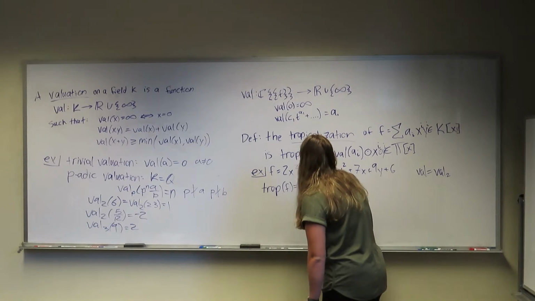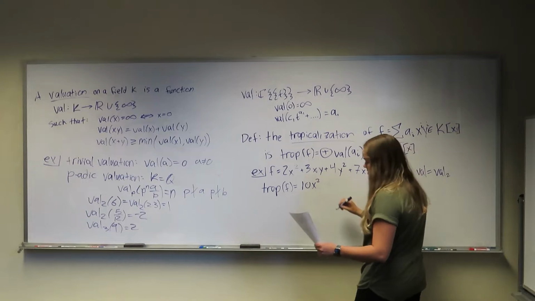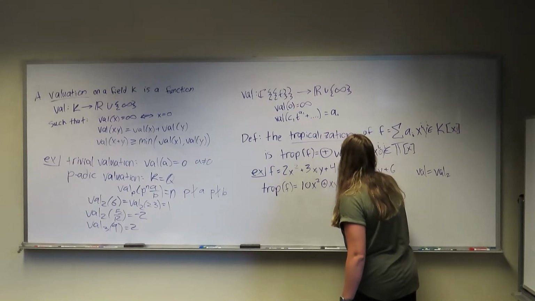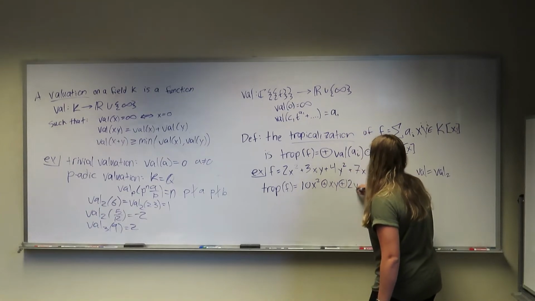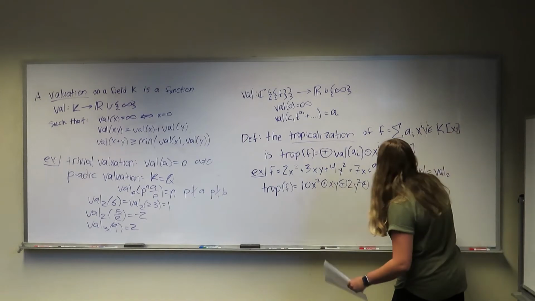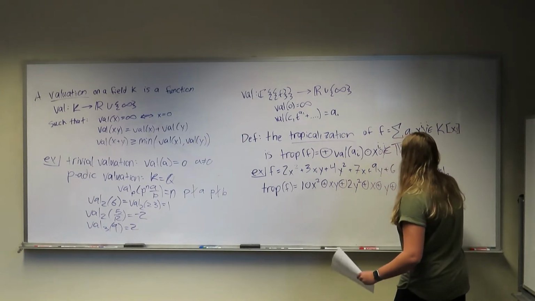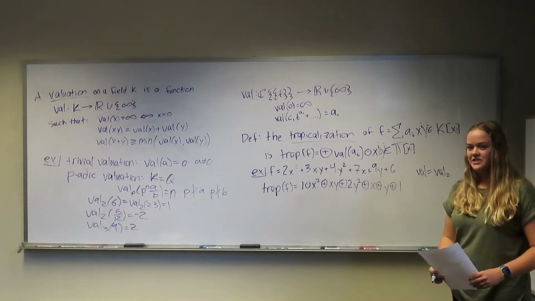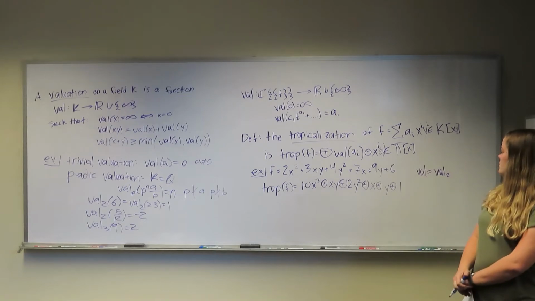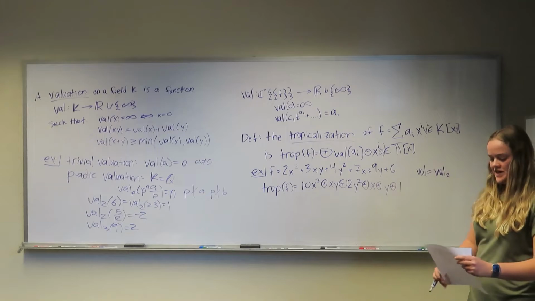We get 1 times x squared plus xy plus 2y squared plus x plus y plus 1. I'm a little sloppy with my notation, but yes. So the tropicalization is defined in terms of a valuation on the field K. Okay, so K has to be a field with valuation.